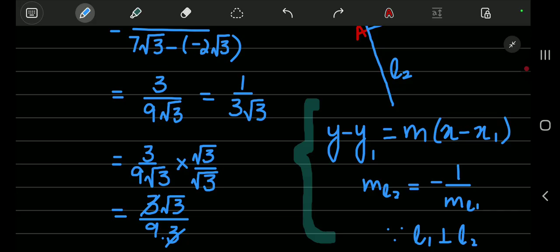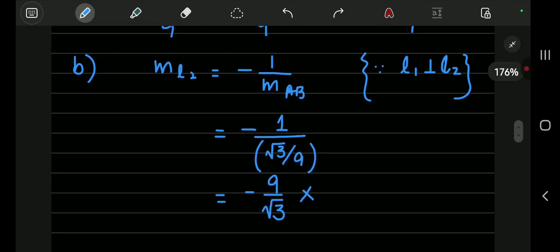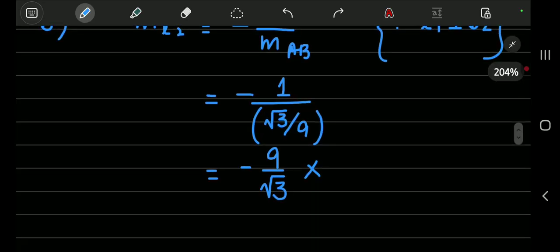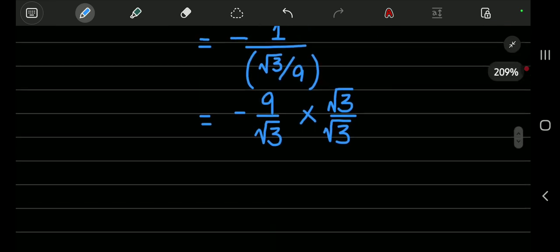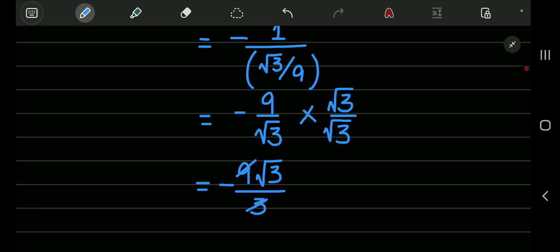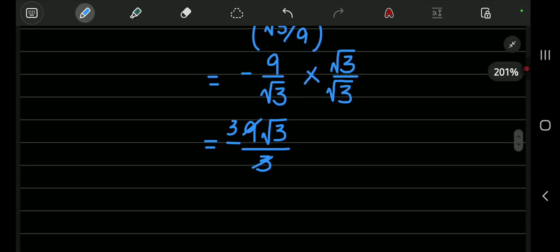So you can use that as well. Or just multiply and divide with root 3 to rationalize it again, because now it becomes the reciprocal, so root comes in the denominator. So it will become minus 9 root 3 over 3. So it will become minus 3 root 3 after simplification.